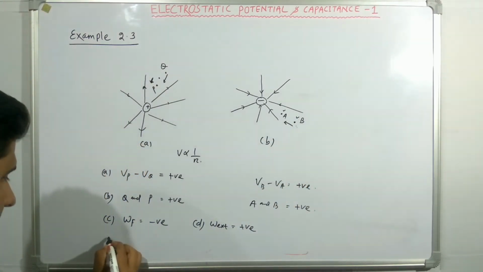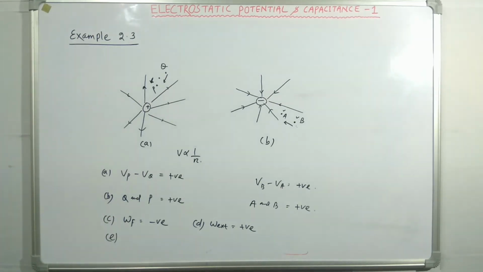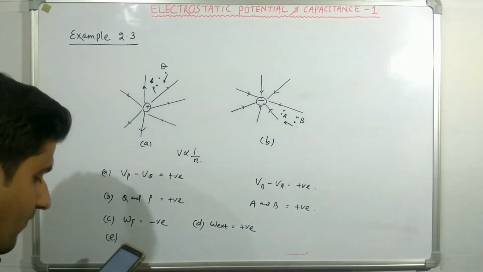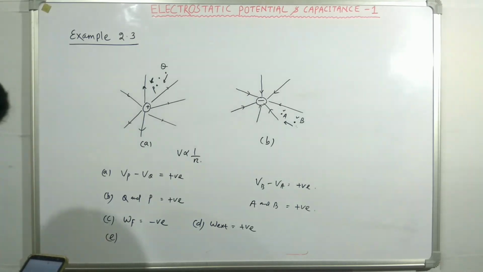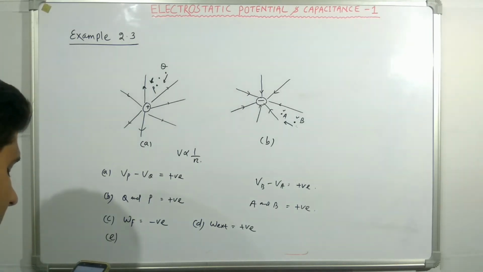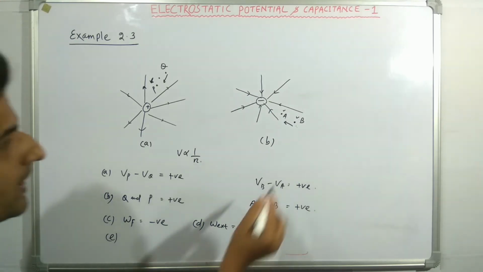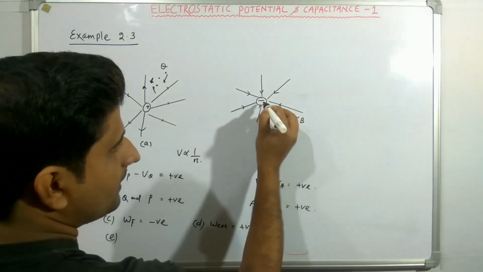And last bit: does the kinetic energy of a small negative charge increase or decrease in going from B to A? From B to A, this is the negative charge.